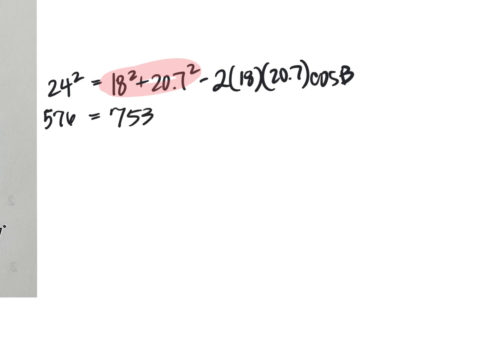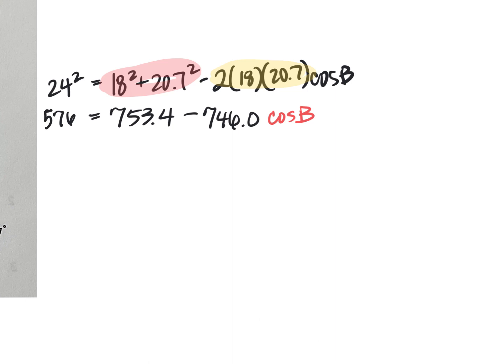Yeah. Minus. Are you cool with going to find out what this all multiplied together is? 2 times 18 times up arrow, get my 20.7. Is that 746? Yeah? Times the cosine of B. And then subtract the 753.